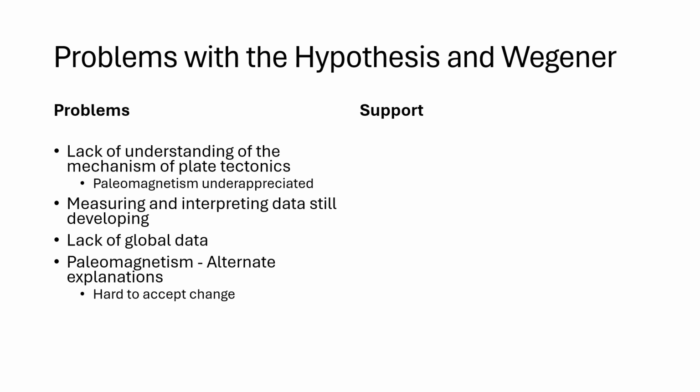And so that also delayed the change in the geologic arena to support continental drift. And besides paleomagnetism, to explain these other groups of evidence, there were other theories that were accepted in some circles.